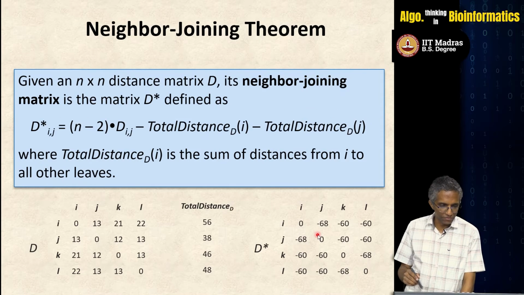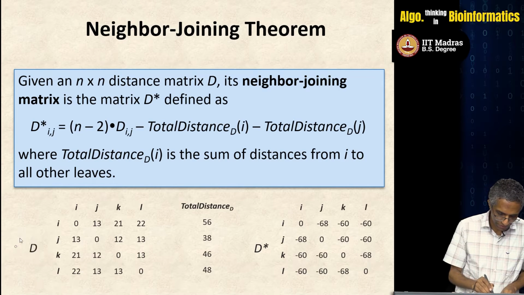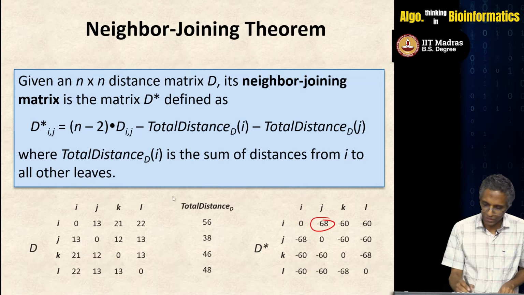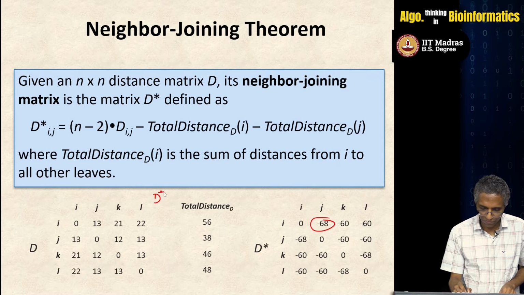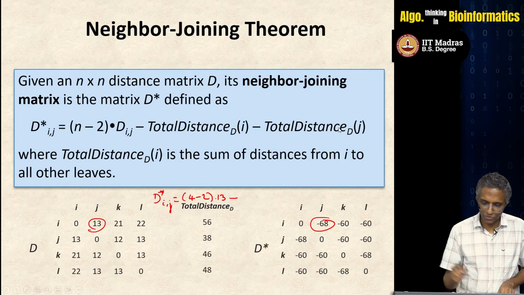So, you have to subtract that from, let us take one particular entry, right. Let us take this particular entry. So, d star i j is going to be n minus 2, n is 4 here. So, 4 minus 2 times d i j, which is 13, minus total distance of i minus total distance of j.